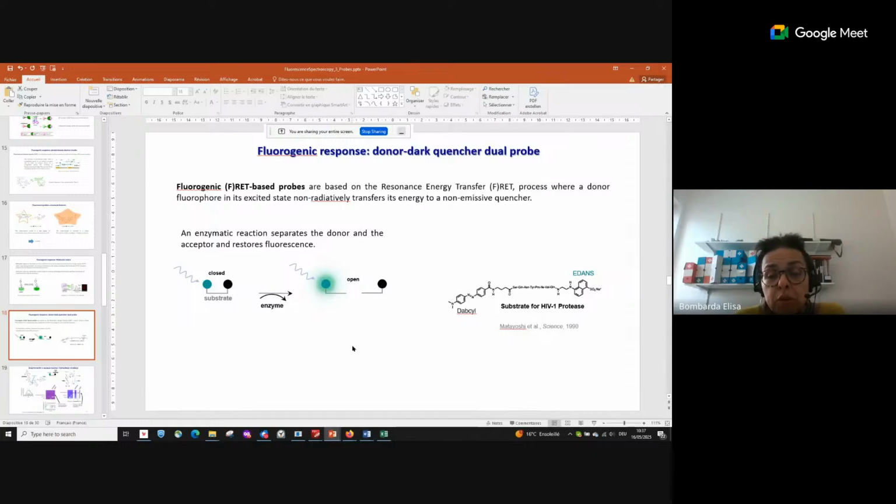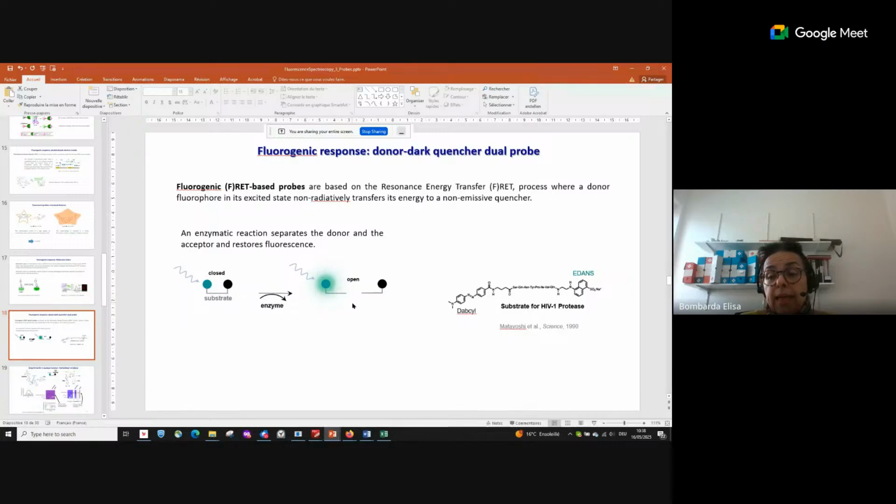The substrate goes there, binds, and the chemical reaction occurs, and then the products are released, so they move out from the active site of the enzyme.